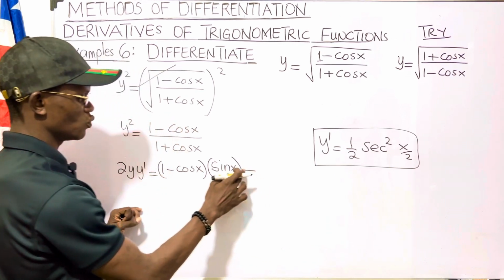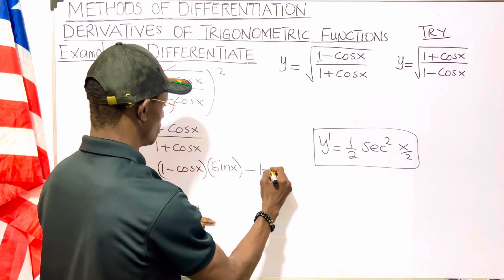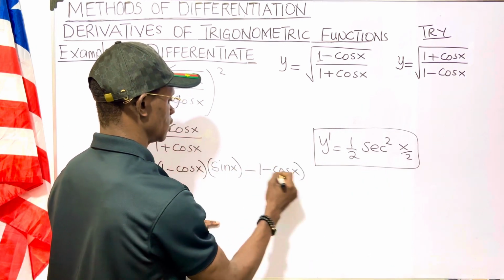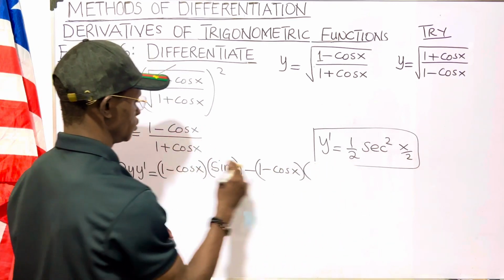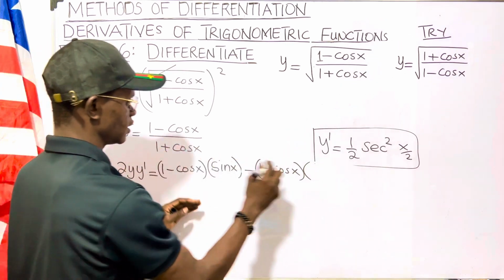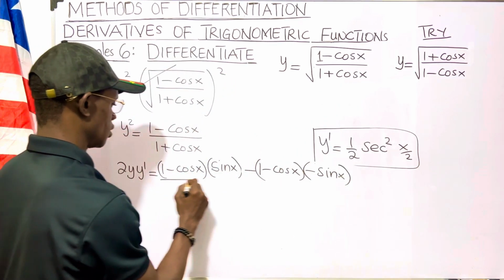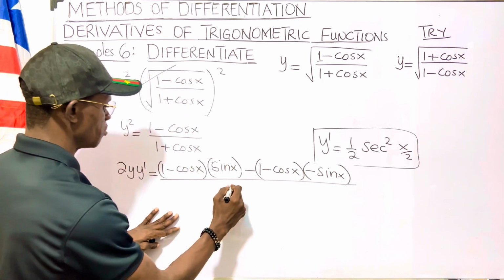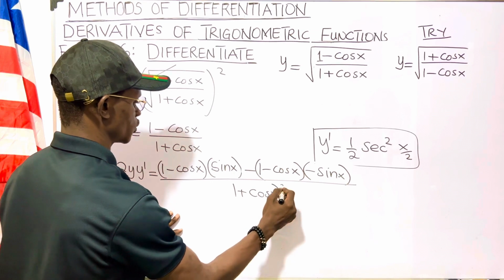Minus, quotient rule says we should use minus. So we hold the numerator now, 1 minus cos of x. And then we differentiate the denominator. So the derivative of 1 is 0. The derivative of cos of x is negative sine of x. All divided by the denominator all square.